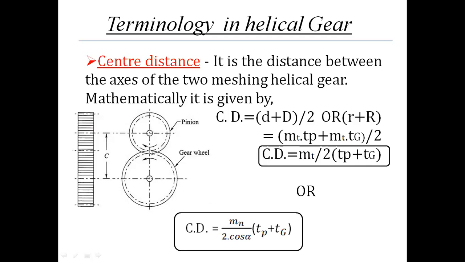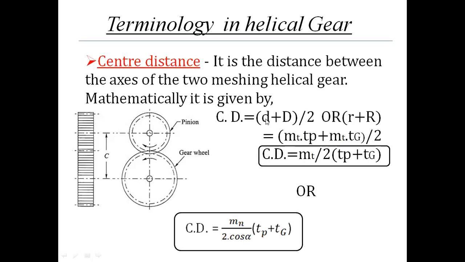Mathematically, it is given by small d, pitch circle diameter of pinion plus pitch circle diameter of gear, divided by 2. Or it is the pitch circle radius of the pinion plus the pitch circle radius of the gear.